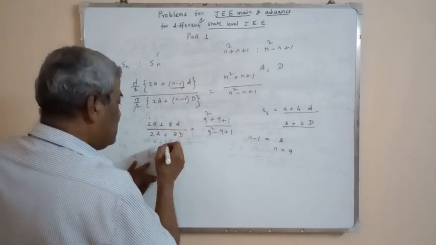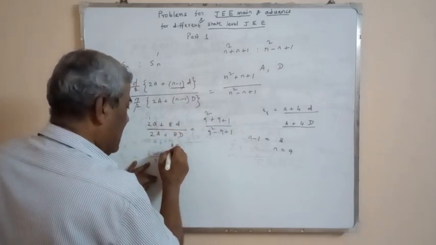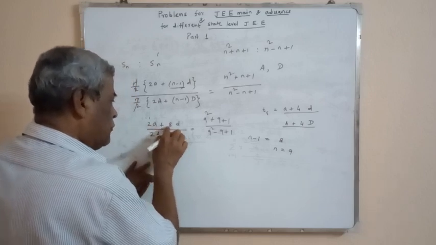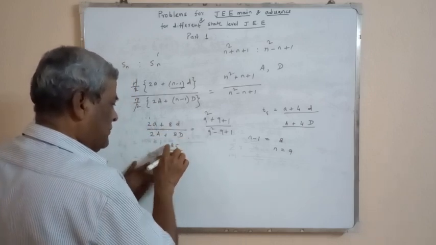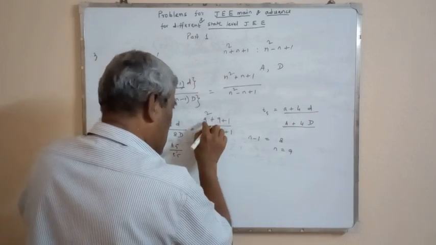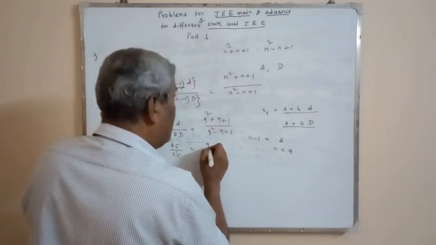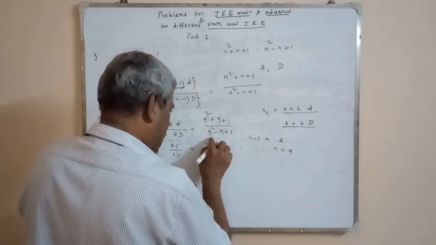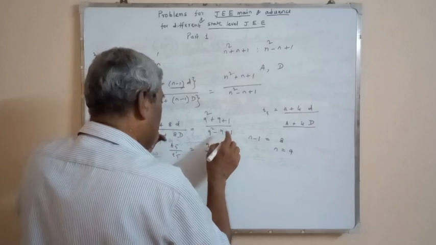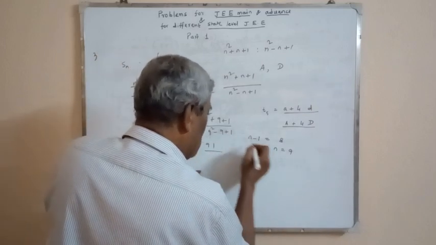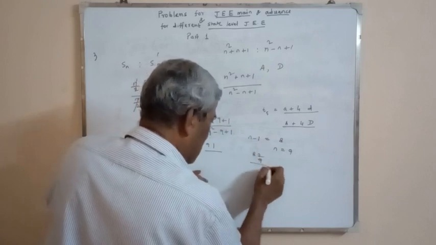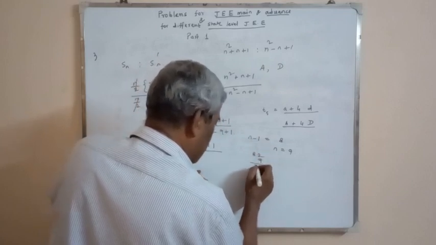So 2 cancels. So T5 and T dash 5, after cancelling 2 from here, a plus 4d over capital A plus 4 capital D is equal to 81 plus 10, that is 91, and here it is 81 minus 9 plus 1, 73.